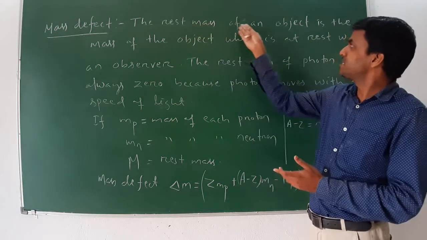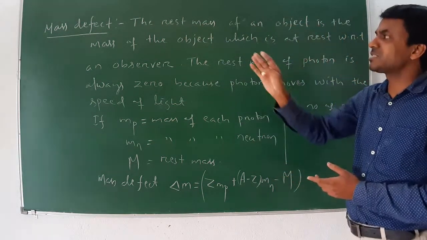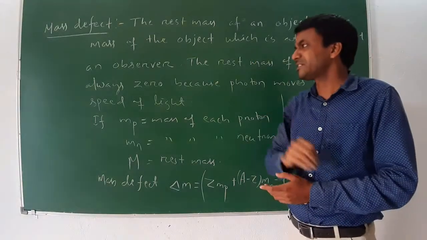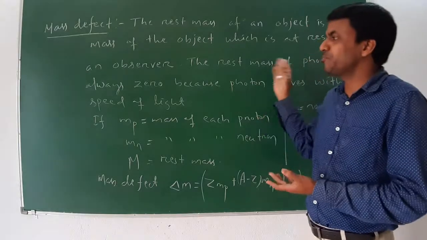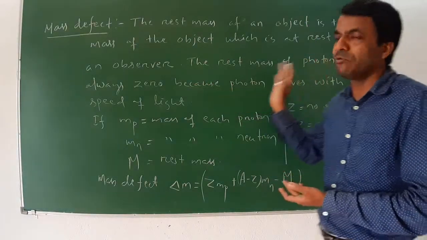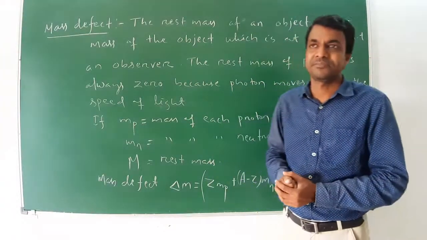Therefore, the rest mass of an object is the mass of the object which is at rest with respect to an observer. The rest mass of a photon is always zero, because photon moves with the speed of light.